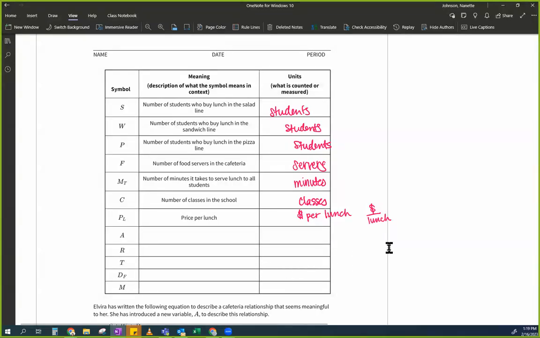Got it? So you can't just put dollars here, right? This is not going to be just dollars. Someone's like, but Miss Johnson, when you answer, how much is this pizza? You're asking a different question than price per lunch. Does that make sense? That's a little bit different.